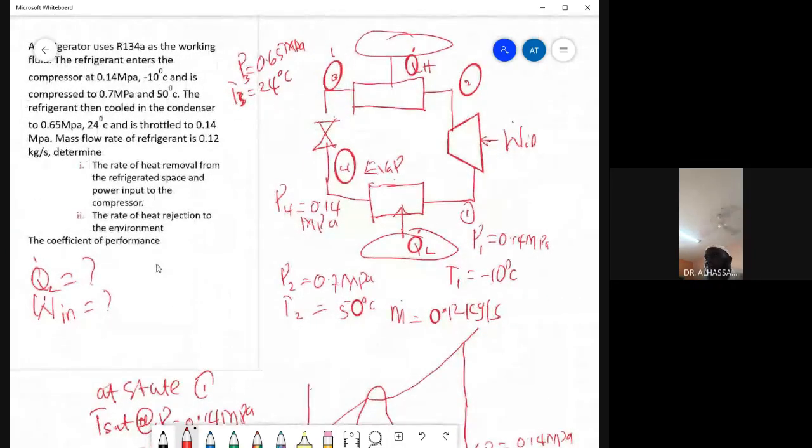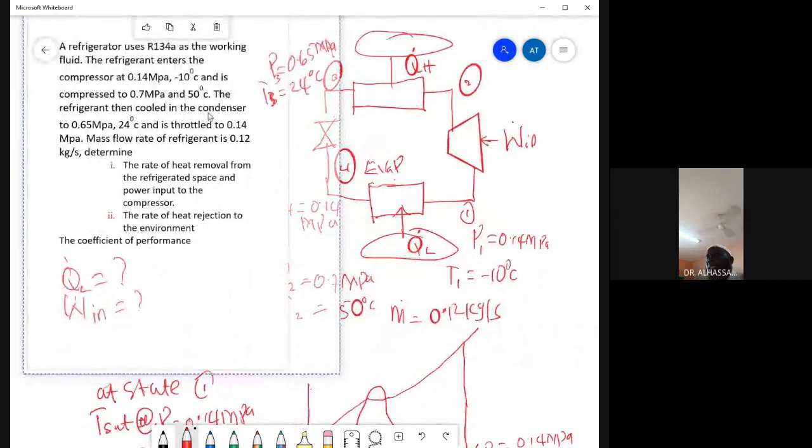We are told that the refrigerant enters the compressor at 0.14 and minus 10, and is compressed to 0.7 and 50 degrees Celsius.